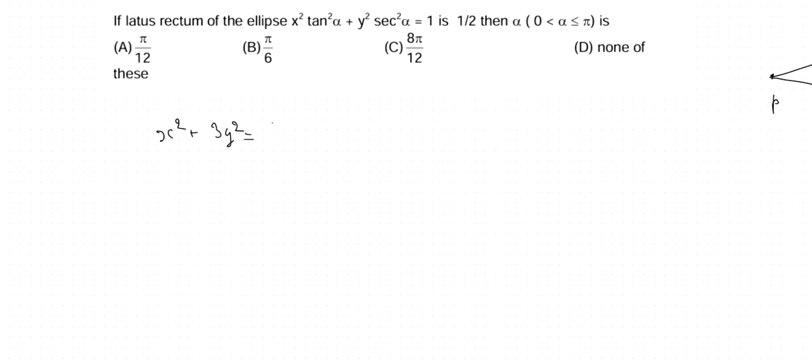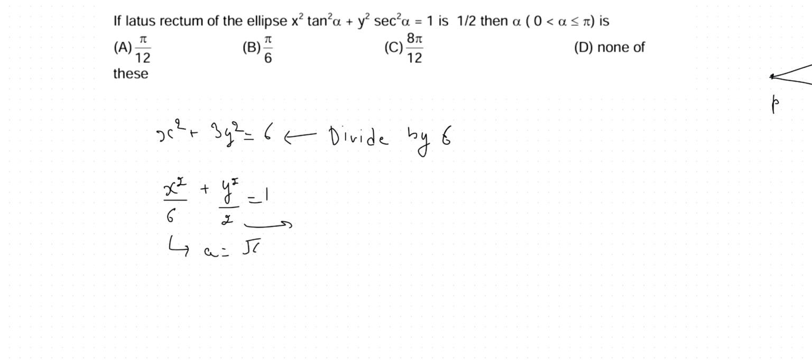So to transform this equation into the standard form, you will have to divide this equation again by 6. Now divide this entire equation by 6. You will be getting x square by 6 plus 3y square by 6, that is y square by 2, is equal to 1. And if you compare this with the standard form, you will be getting a is equal to root 6 and b is equal to root 2.